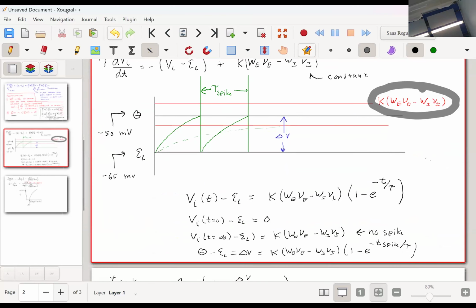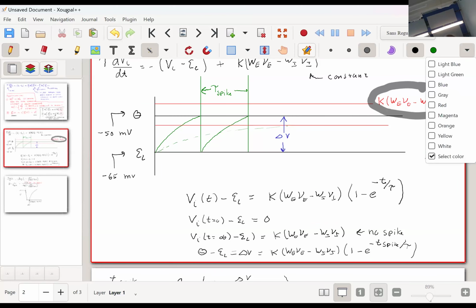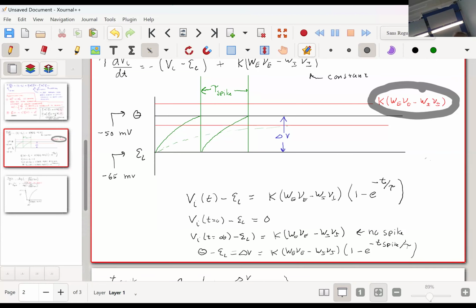The true story, getting a little ahead of ourselves, is that instead of going straight up, this actually fluctuates.